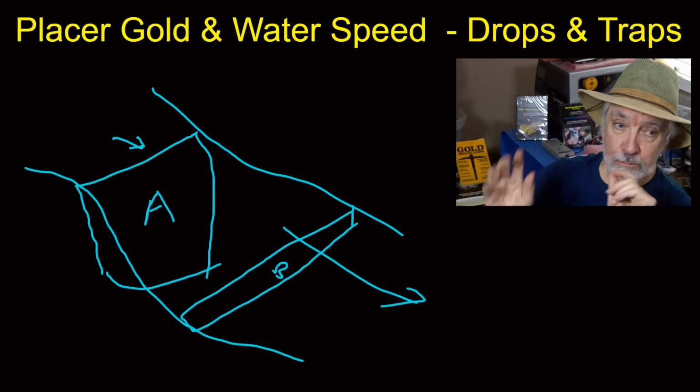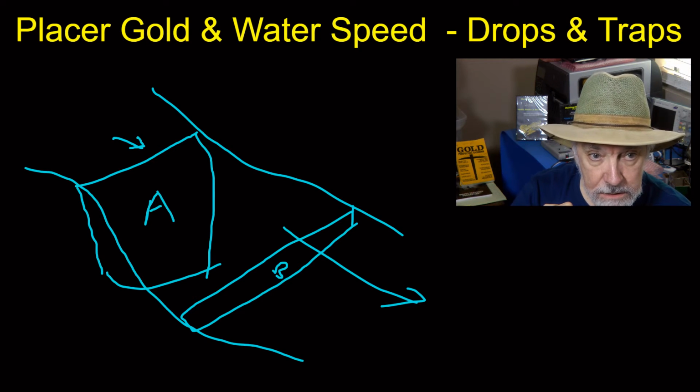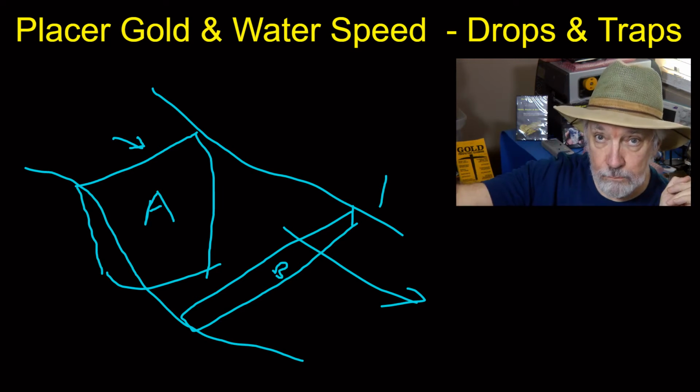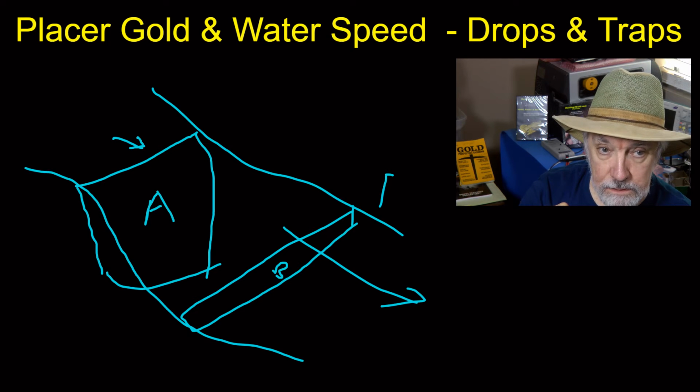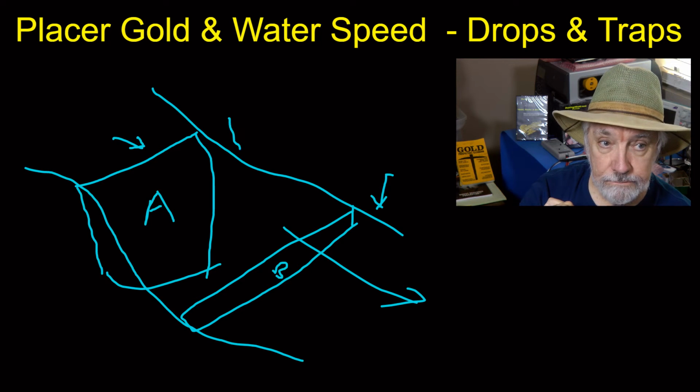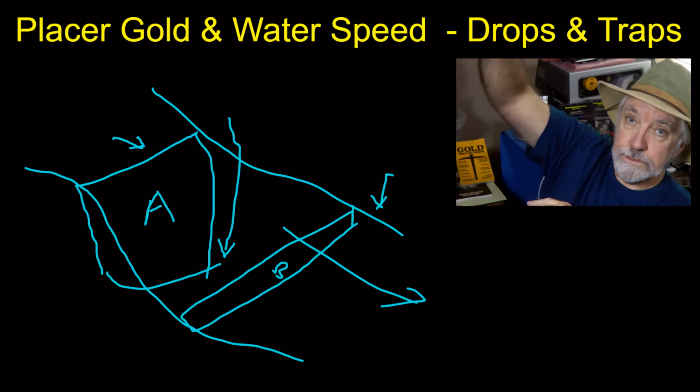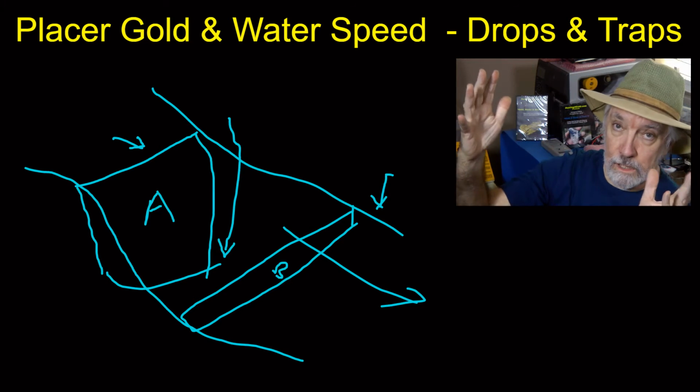Now, why did that happen? It happened because the depth of B, the cross-sectional area, so depth times width is what we're worried about when it comes to flows. That flow basically has to go through a smaller section and therefore has to speed up to make it over, or it builds up depth, one or the other.